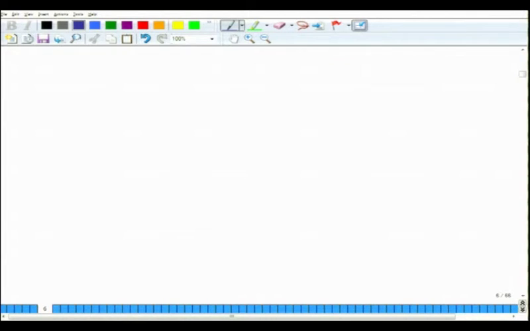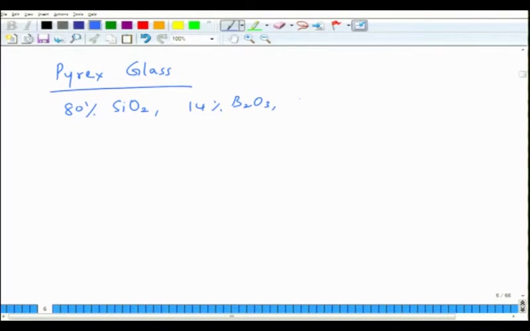So, there are typical glass compositions which I will now list. First one is Pyrex glass, which is a very well known name that you might have heard of. This contains 80% silicon oxide, 14% boron oxide, and 4% Na2O, and this has a softening temperature of around 550 degrees centigrade.